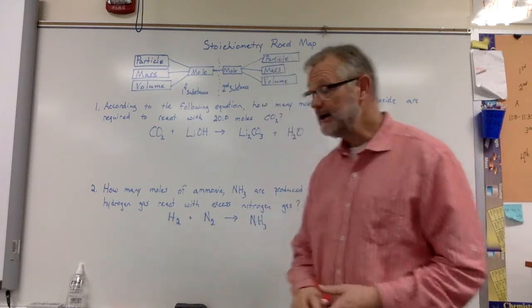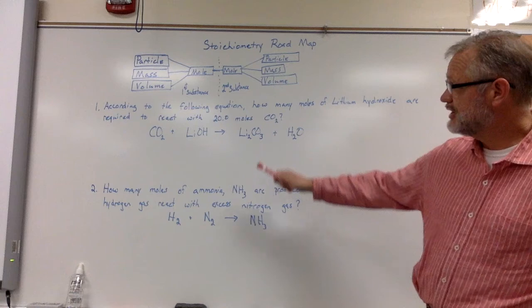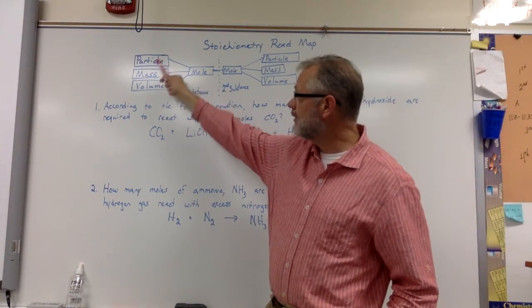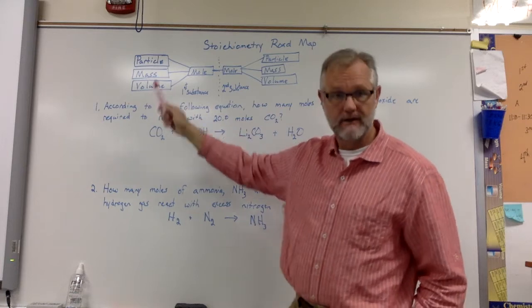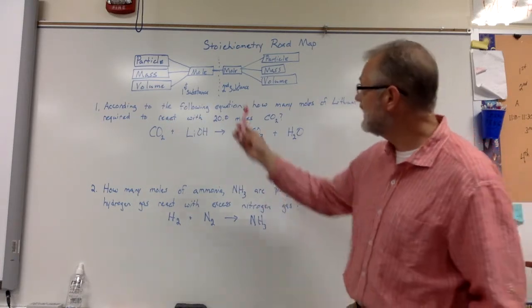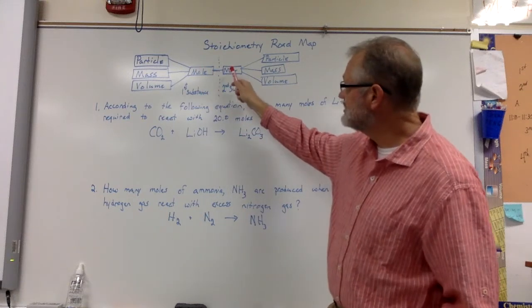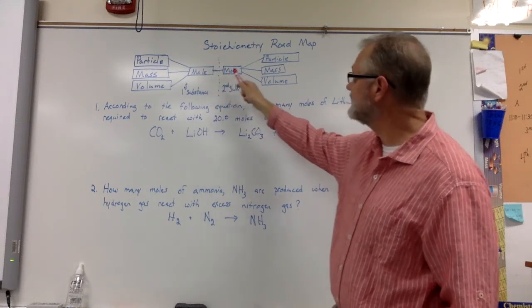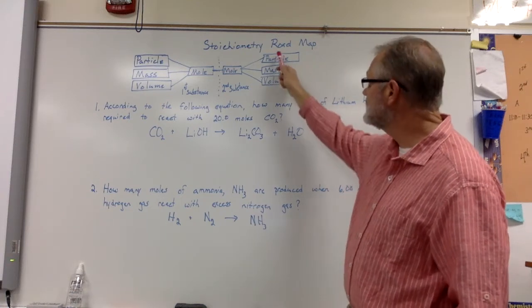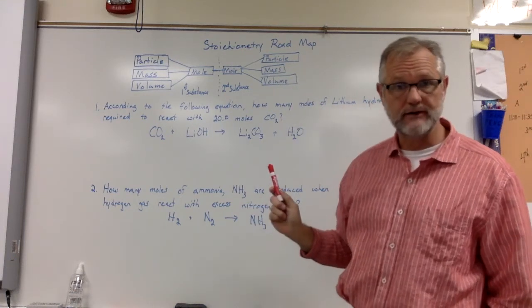So in the beginning, what I'd like to do is just simply look at the stoichiometry road map. And you can see that we have a particle, a mass, and a volume. That's just like our original mole map, but this time you see that it extends not just to the mole and surrounds it, but it extends from left to right over this way to the same thing mirror imaged on the other side.